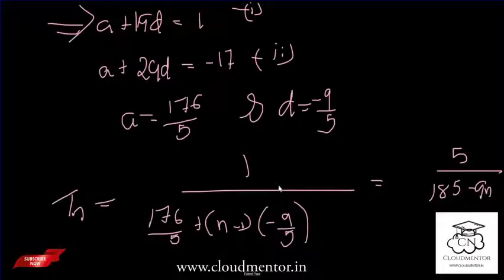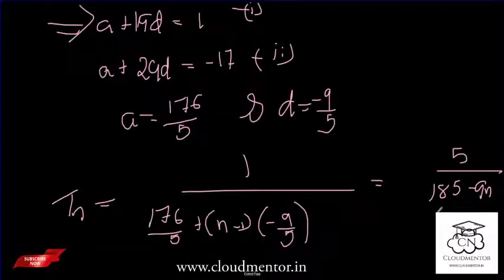Okay, and this term will be the largest if 185 minus 9n is least, the least positive integer value, possible only for n equal to 20, right?